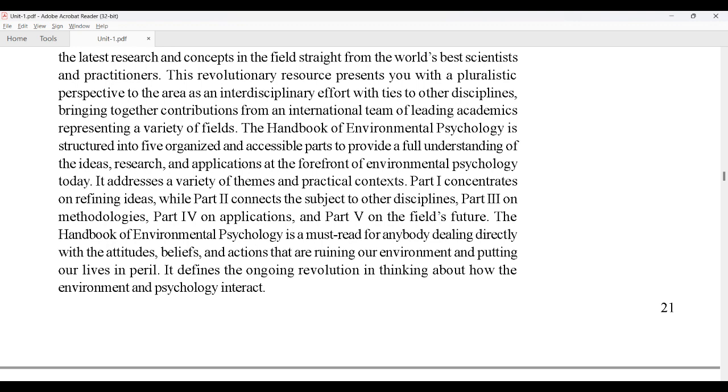Part I concentrates on refining ideas, while Part 2 connects the subject to other disciplines, Part 3 on methodologies, Part 4 on applications, and Part 5 on the field's future. The Handbook is a must-read for anybody dealing directly with the attitudes, beliefs, and actions that are ruining our environment and putting our lives in peril. It defines the ongoing revolution in thinking about how the environment and psychology interact.